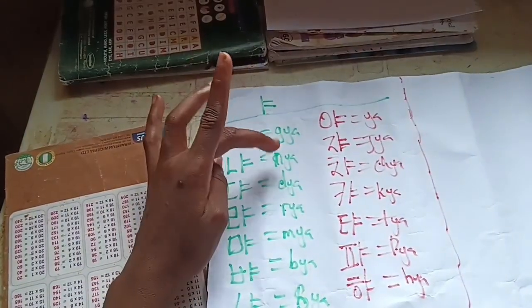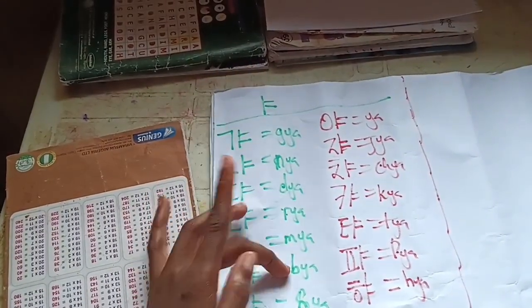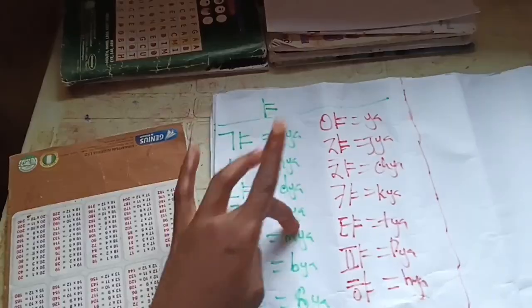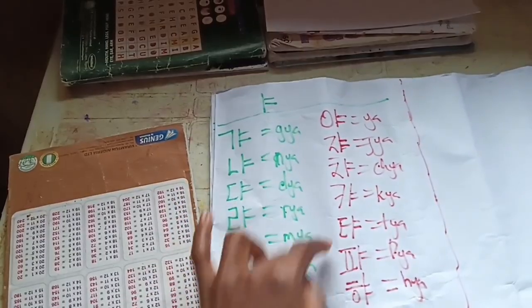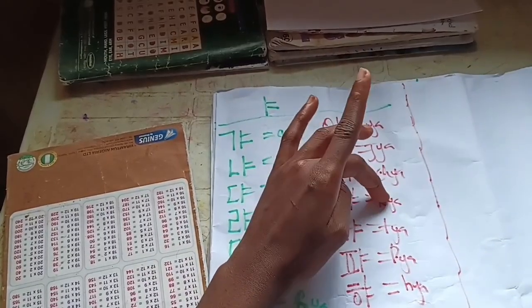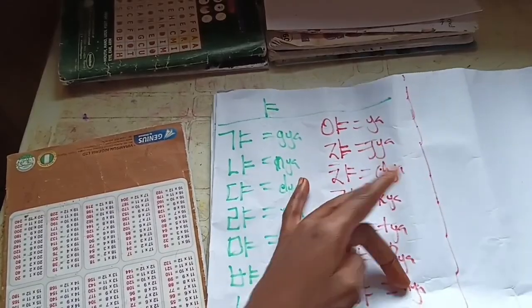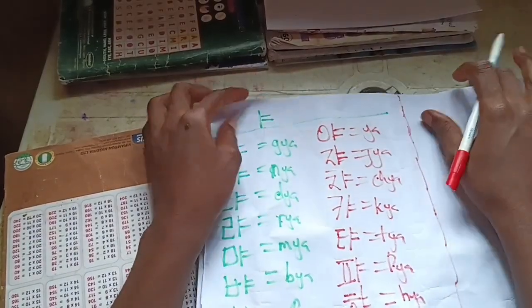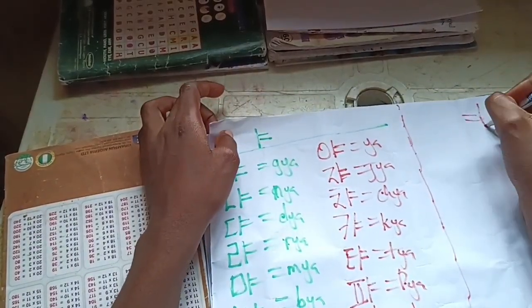So, gya, nya, dya, rya, mya, bya, sya. Get that? Ya, ja, cha, kya, tya, pya, hya. Simple as ABC.